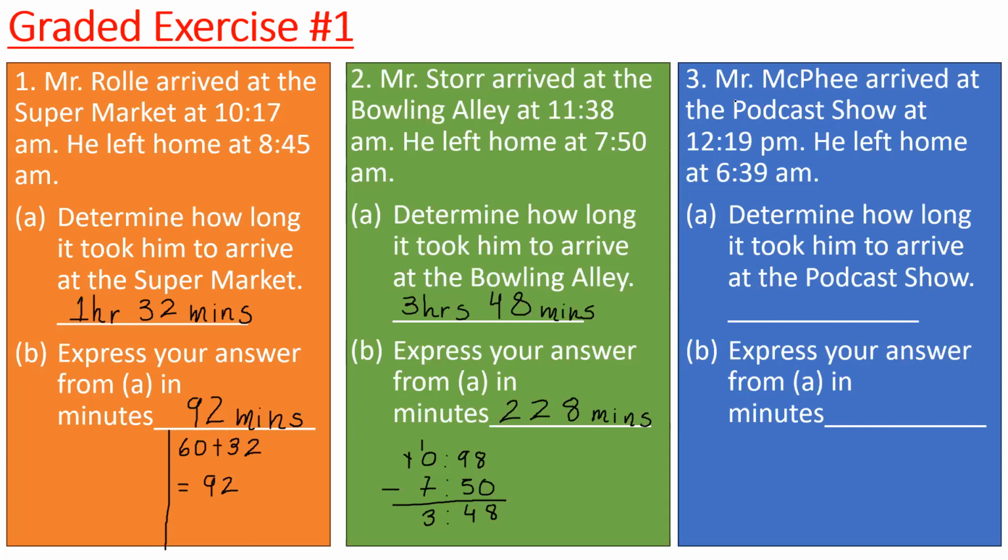So the first thing I did was put 12:19 p.m. over 6:39 a.m. I subtract the 9s, which gave me 0. But then since 3 can't subtract from 1, I borrow from the 12 and then I wrote it over. So I put 1179 over 639.